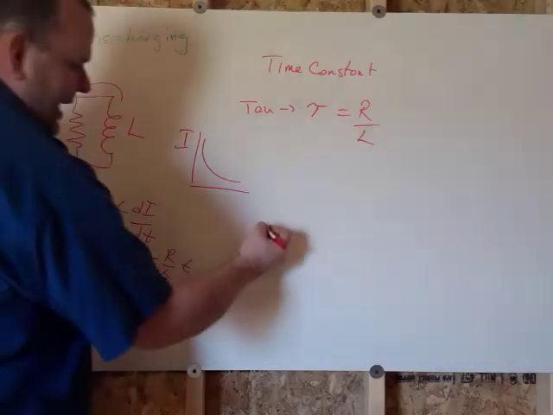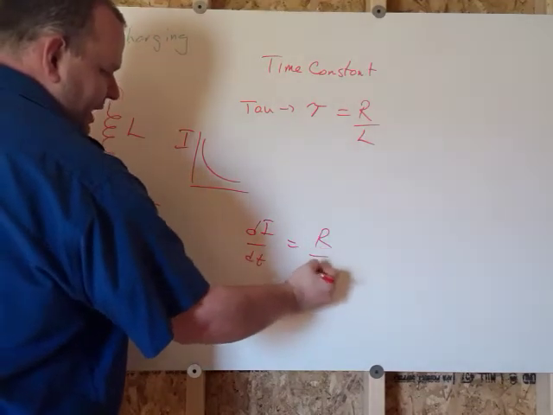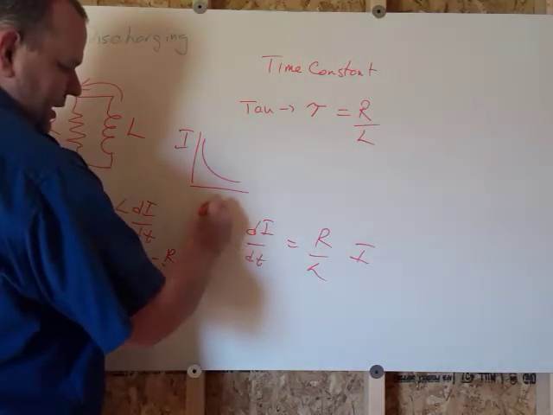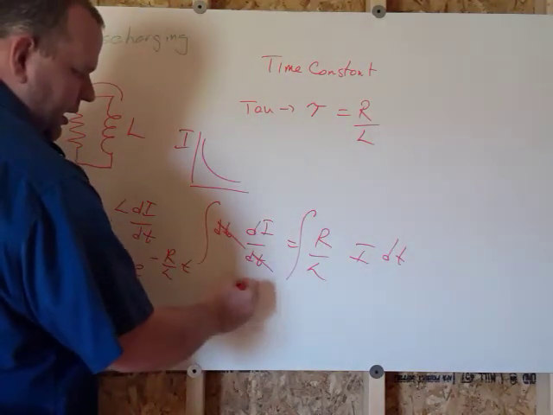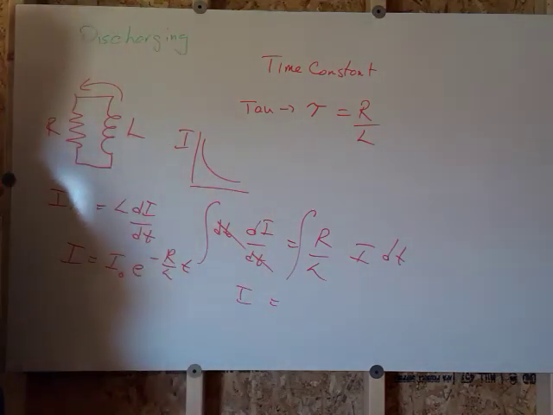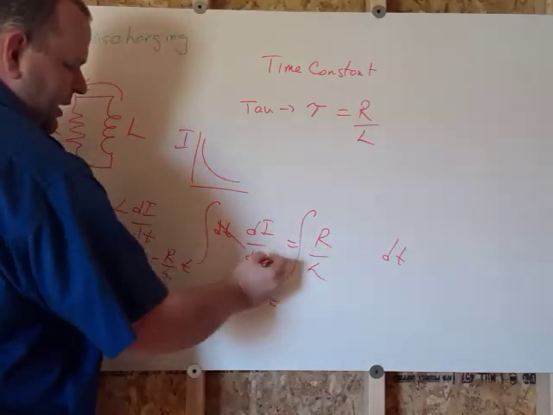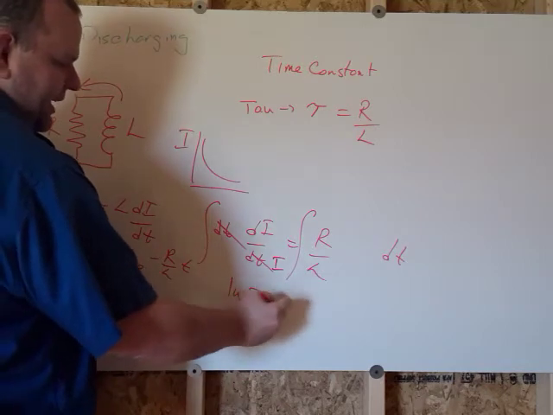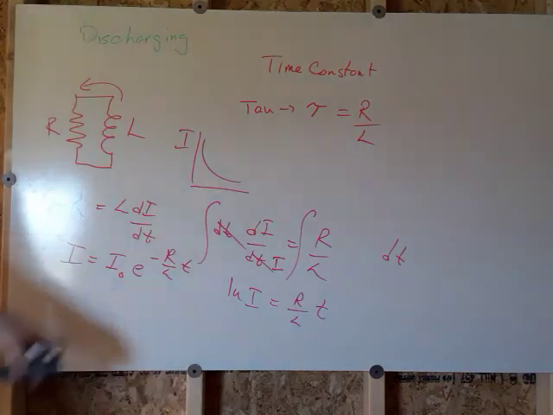Get the L on one side: di over dt is R over L times I. And then you integrate both sides. We got to have I on this side, so we'll have log of I is R over L T. And then you convert it to that form.